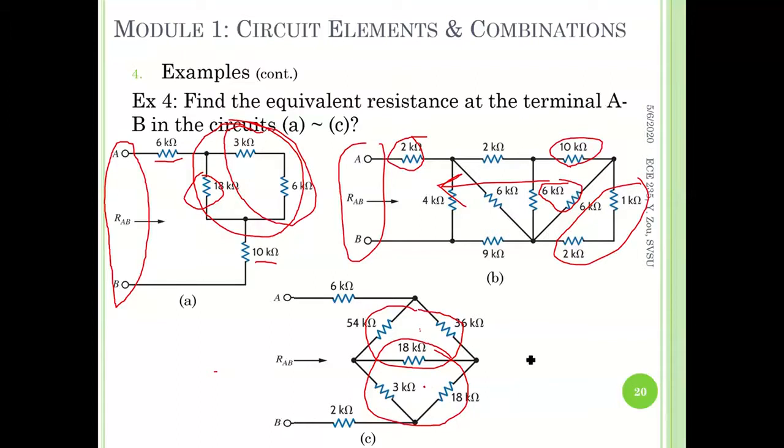Only 1. The goal of converting delta to Y is that the result could have clear series or parallel. Since without doing that conversion, you can't see any clear series connection nor parallel connection. So be careful. All right, so try yourself and then come back for the solution.